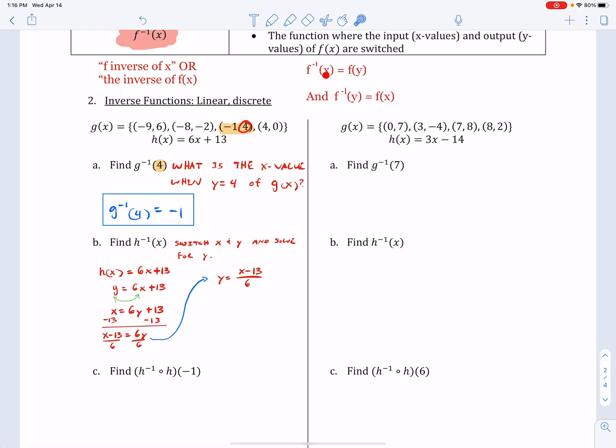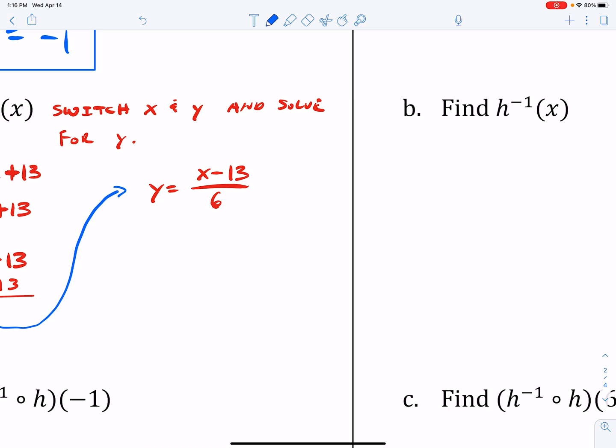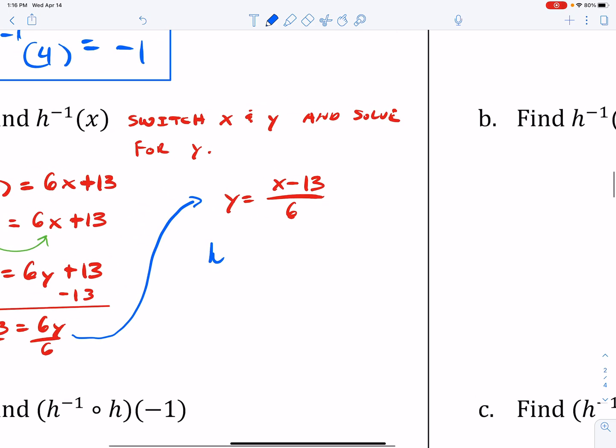See how there's an x here, and then there's a y right here? That's why I needed to find y. So this is not finding y as of yet because we have to take the switch or the reversal of both right there. So once we have that, the great news is now we have h inverse of x equals x minus 13 over 6.